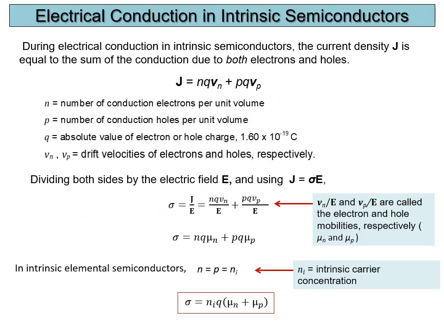During electrical conduction in intrinsic semiconductors, the current density J is equal to the sum of the conduction due to both electrons and holes.